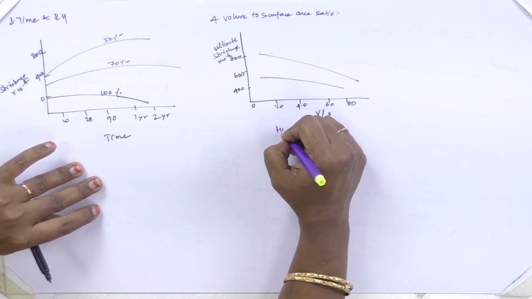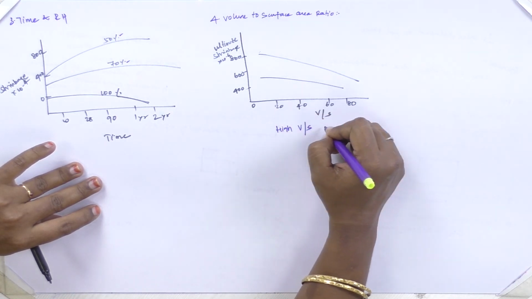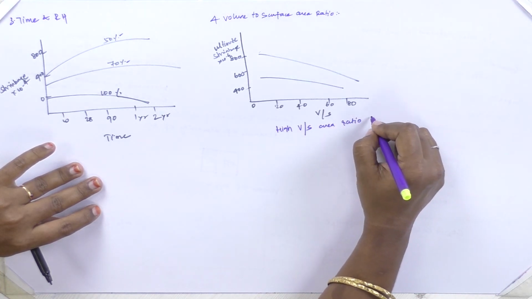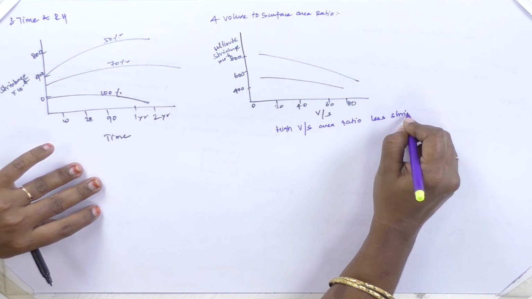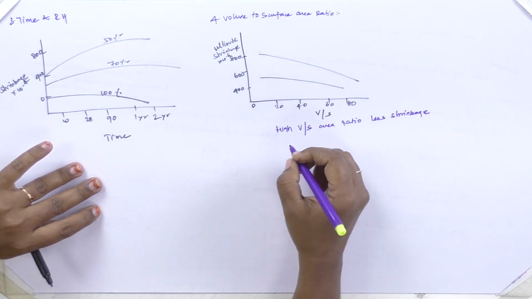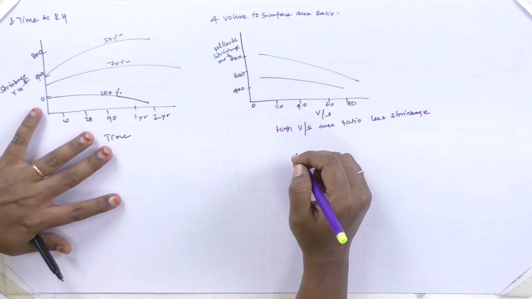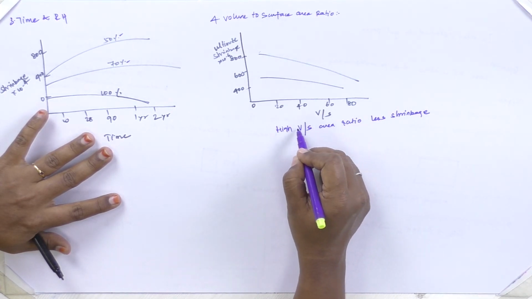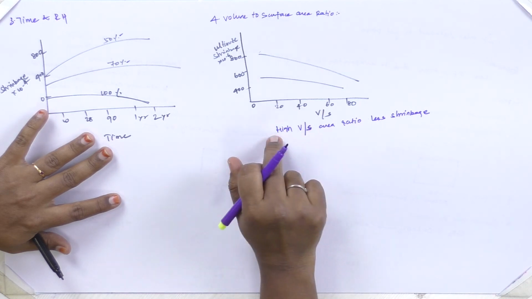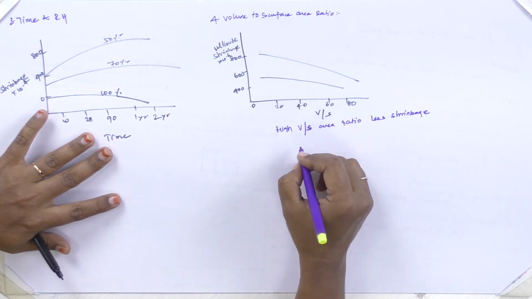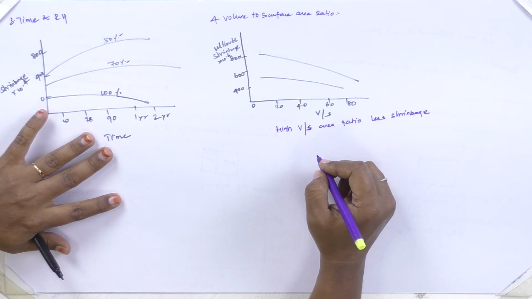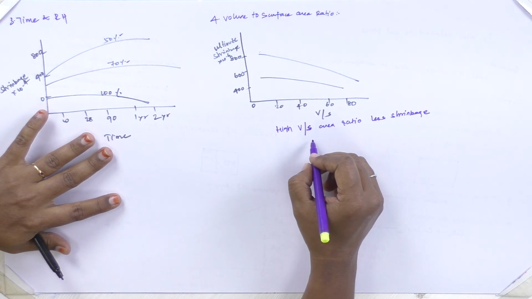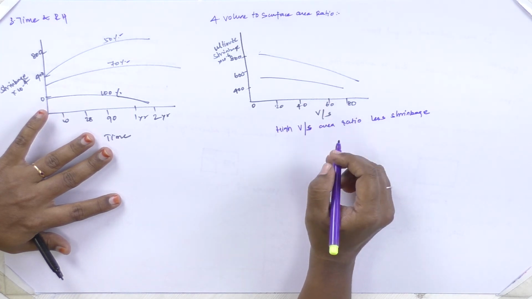If I am having a high volume to surface area ratio, less shrinkage, that is, if my surface area decreases, then the chance of evaporation will also get decreased, and because of that I will be exhibiting lesser shrinkage.